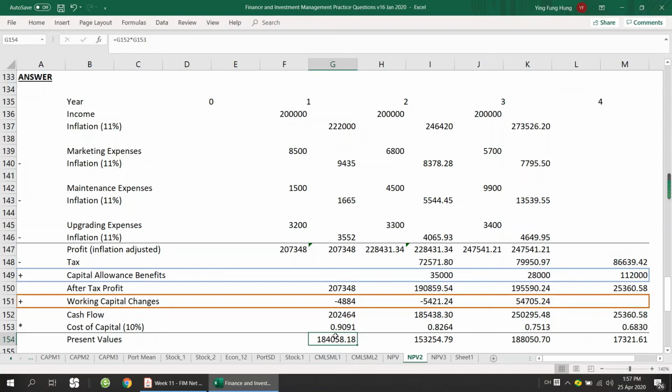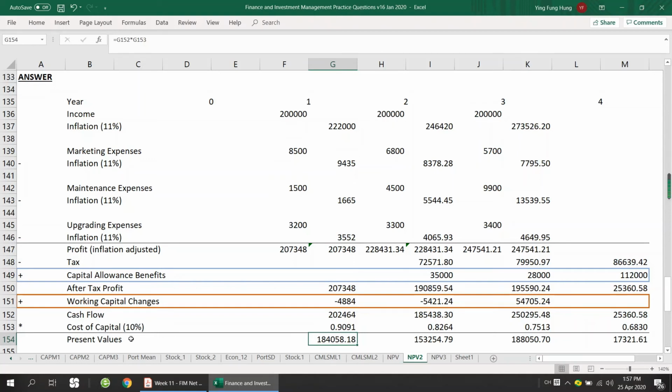Now notice that this present value is smaller than the cash flow. This cash flow is the amount of cash that we will receive in year 1. However, because the money in year 1 is worth less than the money today, the amount is smaller by 10% for the cost of capital.